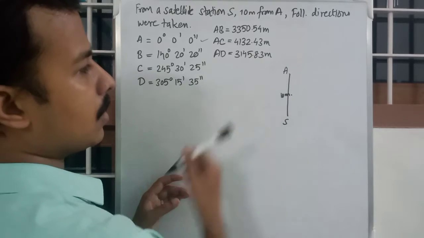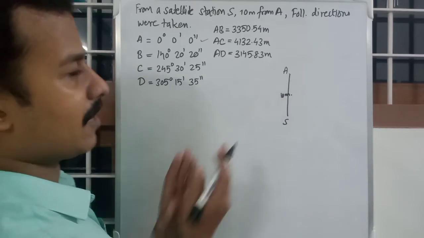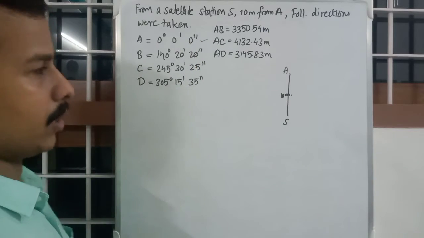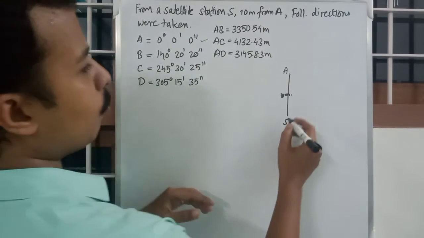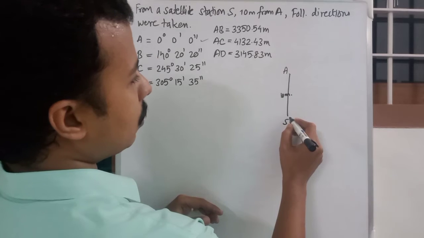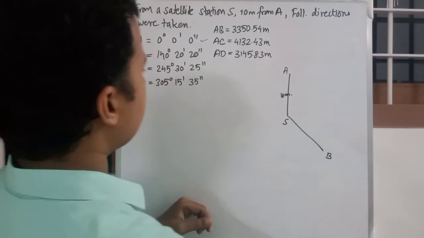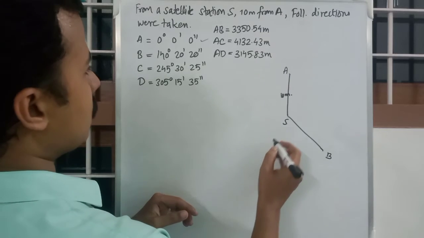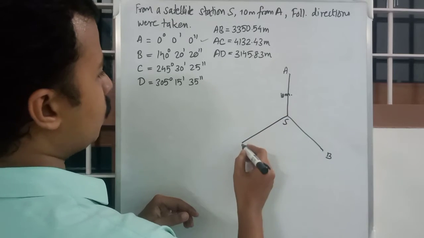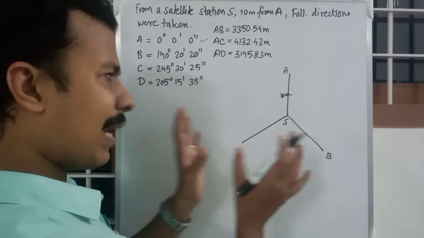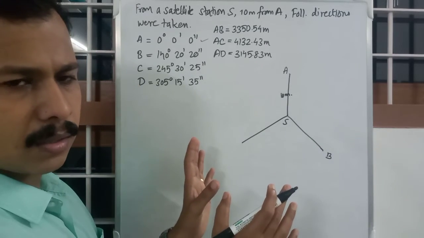It is the reference line. From this line it started measuring, that's why it is given as 0. Then B is 140 degrees, around here. C is 242.